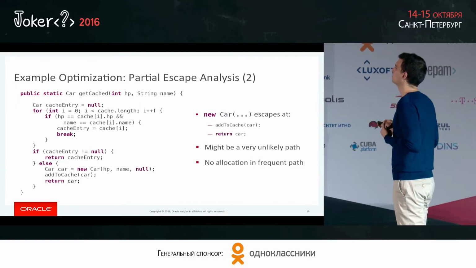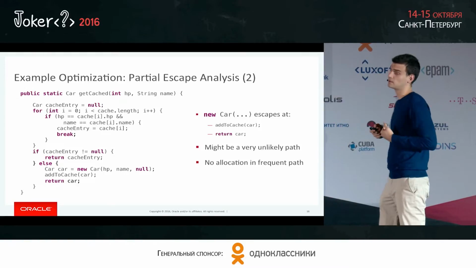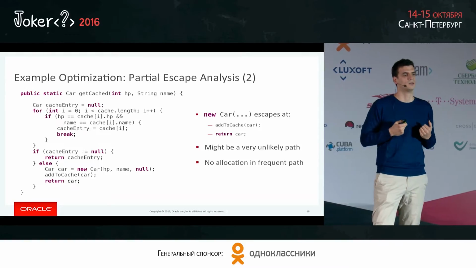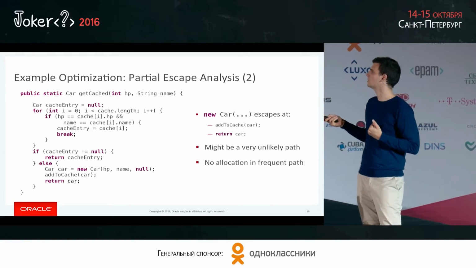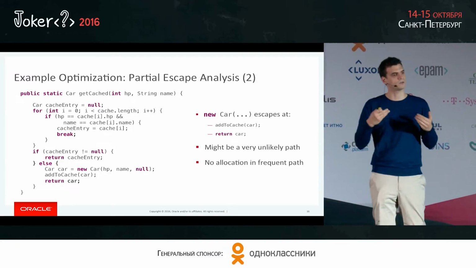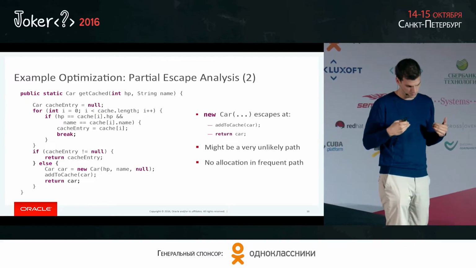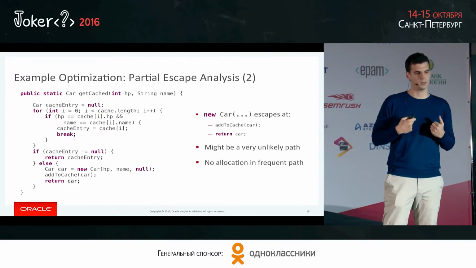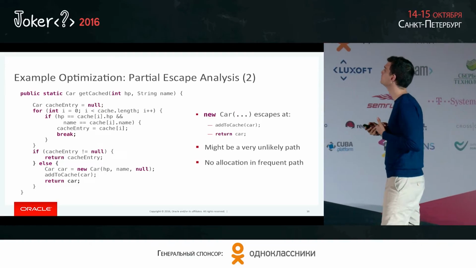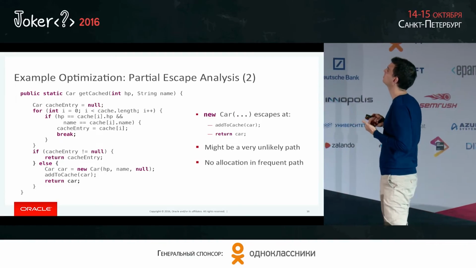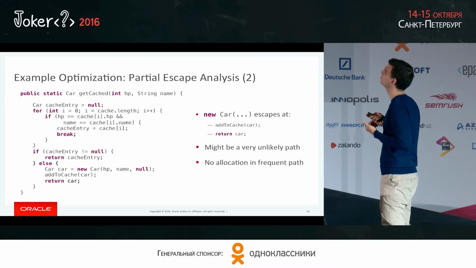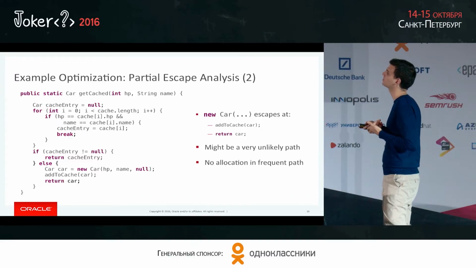What you can notice here is that some paths in this code are very unlikely. For example, this else branch, which adds a new car to the cache, will be seldom hit, right? And we can notice that the new car escapes only in 2 places out of this method: here in the add to cache, and when you return.